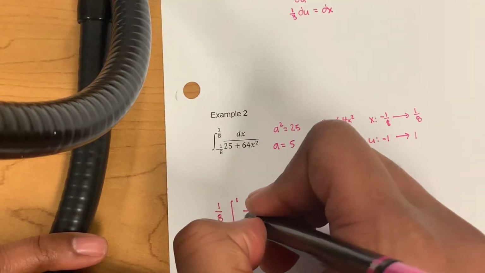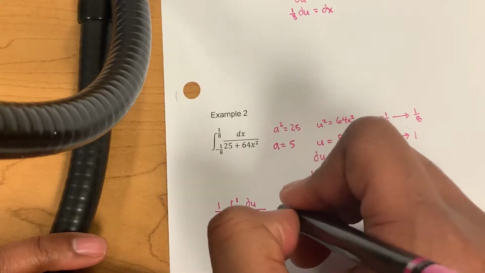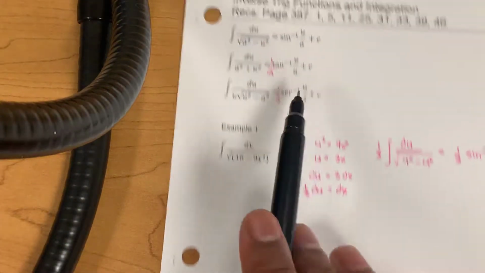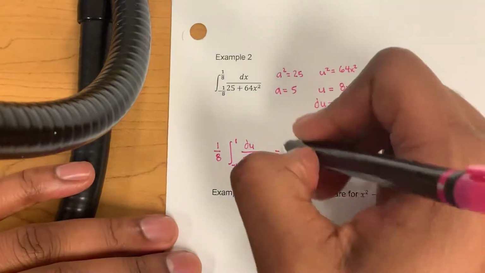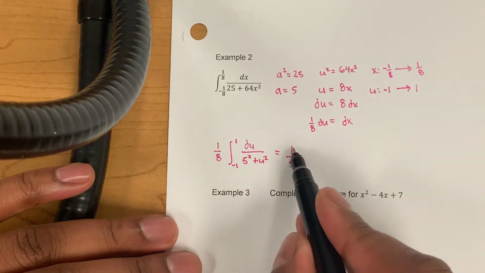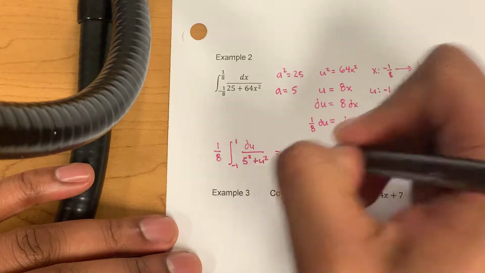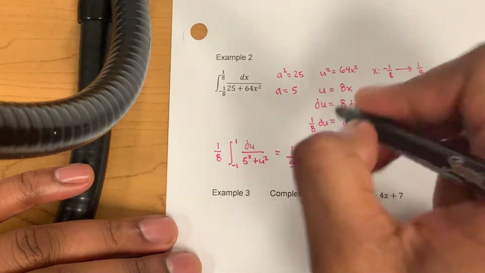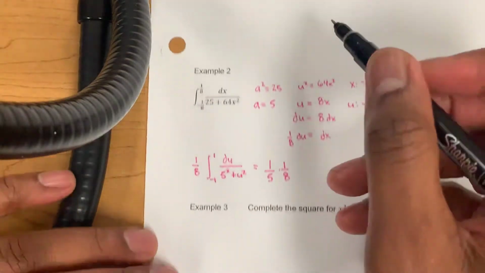du over 5 squared plus u squared, which according to our inverse tangent formula is 1 over a. So we have 1 over a, which is 1/5. We also have the 1/8 that we need to account for, and that's going to be tangent inverse of u over a.